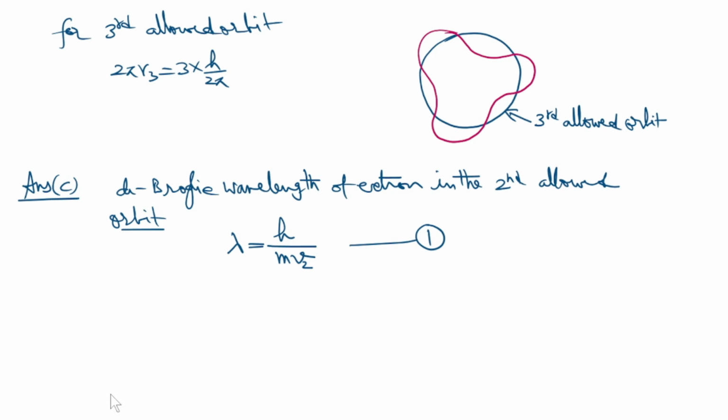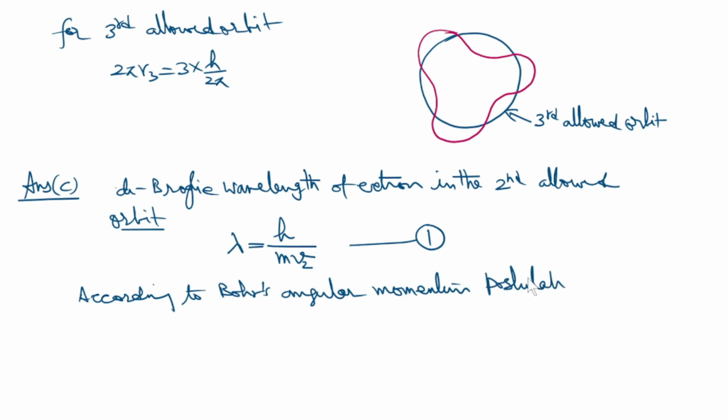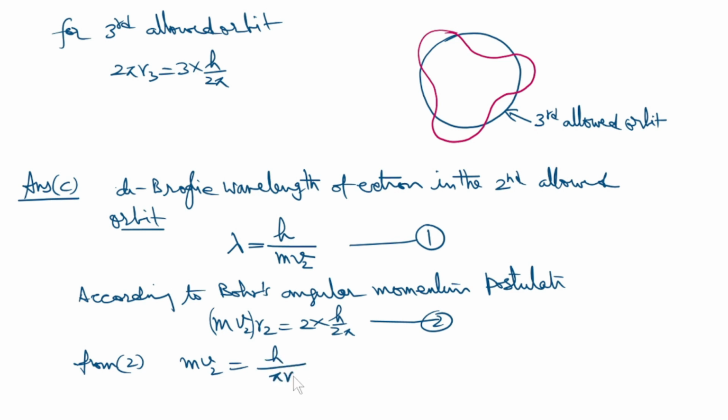Now according to Bohr's angular momentum postulate, from the relation, mv2 is equals to h by pi r2. Put it in 1.